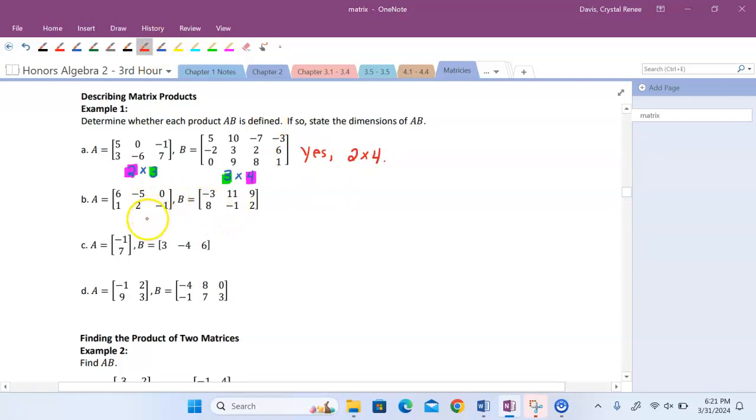Okay, let's look at B down here. I want to find the size and dimensions of matrices A and B. Once again this is a 2 by 3, and this is also a 2 by 3. The first thing I want to see is, can we multiply them? Notice these two are different, and therefore we cannot find the product.